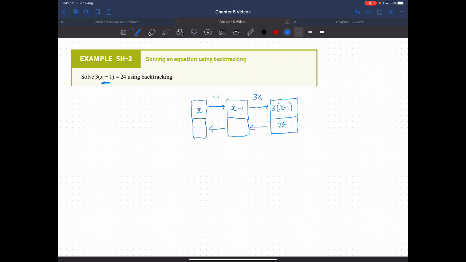Okay, from x minus 1 to 3 times x minus 1, I times by 3. The inverse operation to timesing by 3 is dividing by 3. So my new square is going to be 24 divided by 3, which is 8, which I've now written into the square.